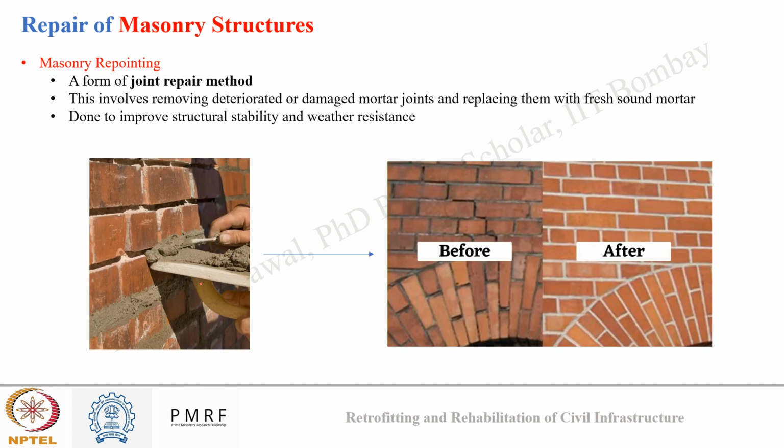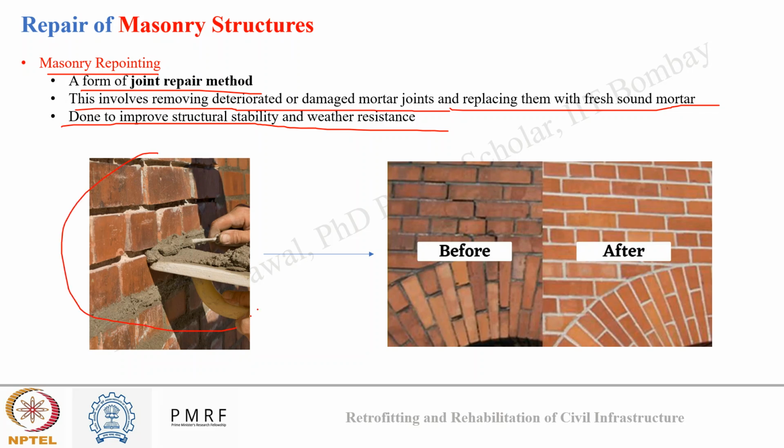First we have masonry repointing. This is a very commonly used repair method for masonry structures owing to its simple application and effective performance. So what is masonry repointing? It is a form of joint repair method, and it involves removing deteriorated or damaged mortar joints and replacing them with fresh, sound mortar, to improve structural stability and weather resistance.